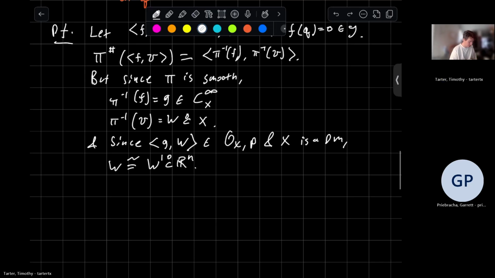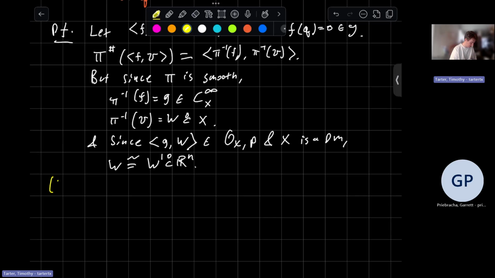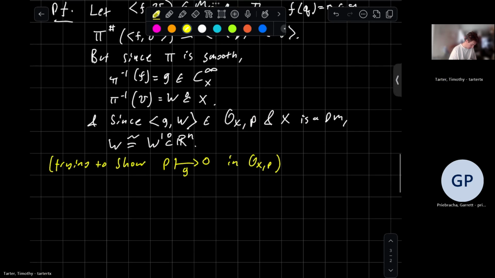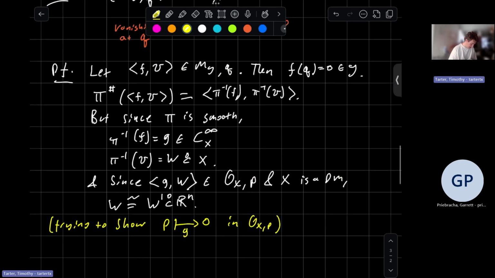So really at this point, we're trying to show that P maps to 0 by g in O_{X,P}.